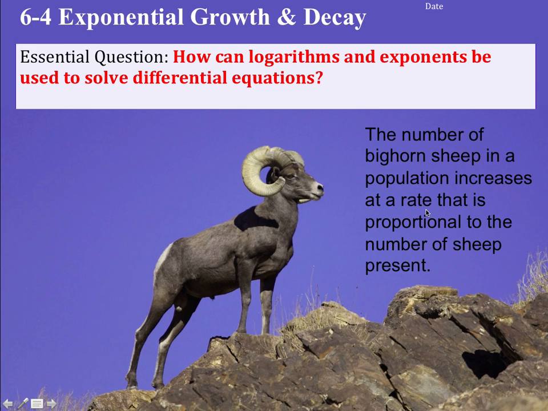When I say rate, a rate is like a rise over a run or a slope. So this is a derivative, and the derivative is proportional to the number of sheep present, which is basically the value of the function. So we have a derivative proportional to the function value.